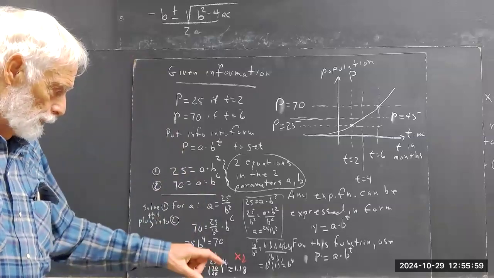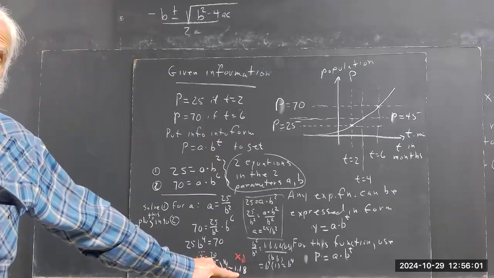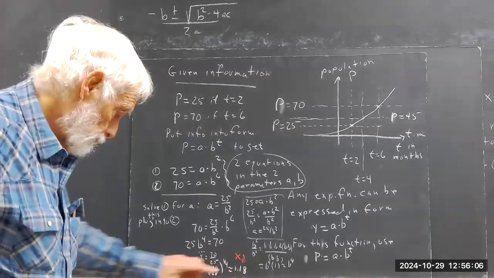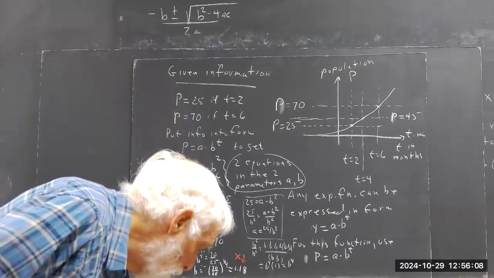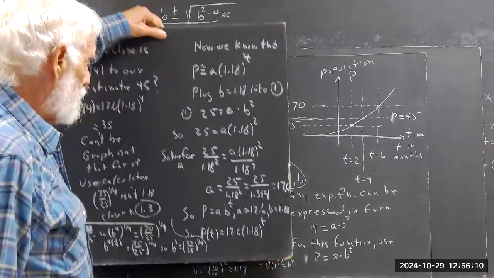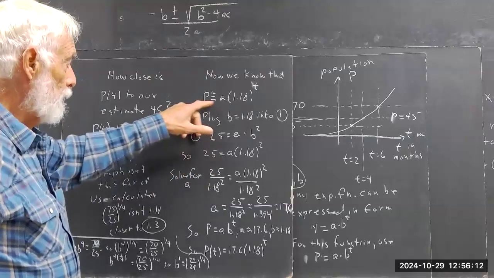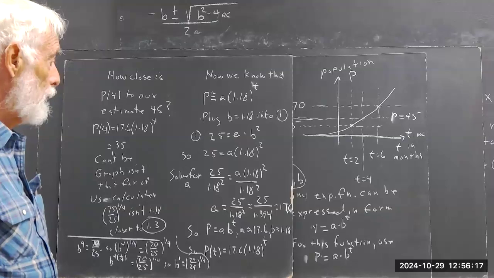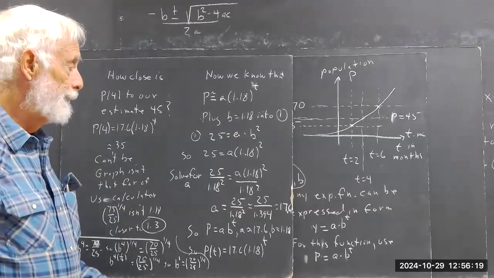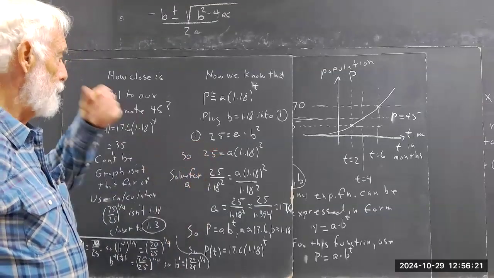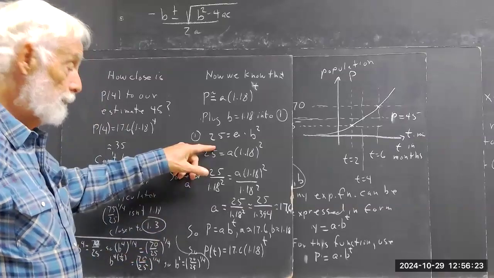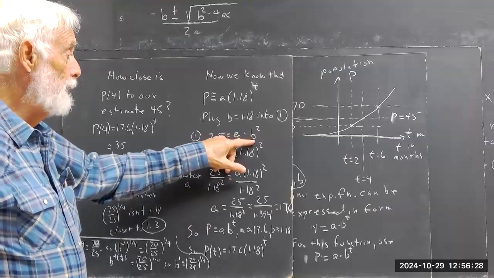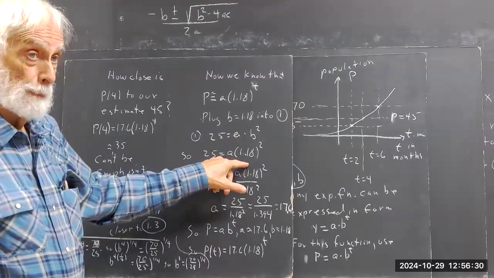I don't know what went wrong in my head, but something did. That should have been closer to 1.3. Okay. Well, now we know P is A times 1.18 to the T. Got the second, you go back into the first equation and replace B by 1.18.